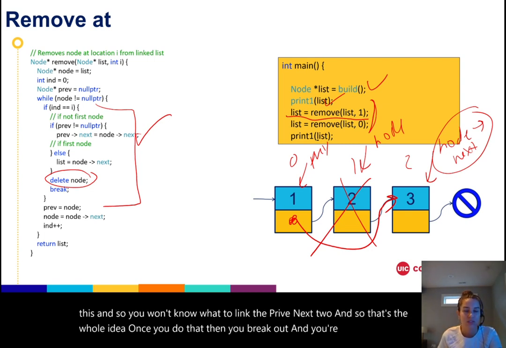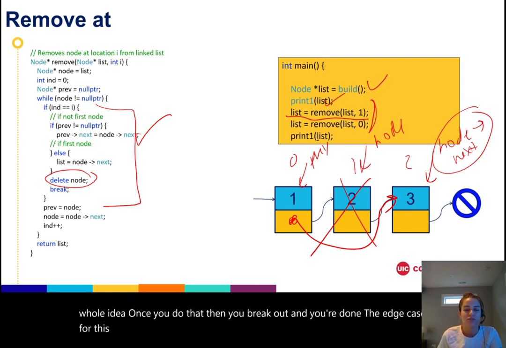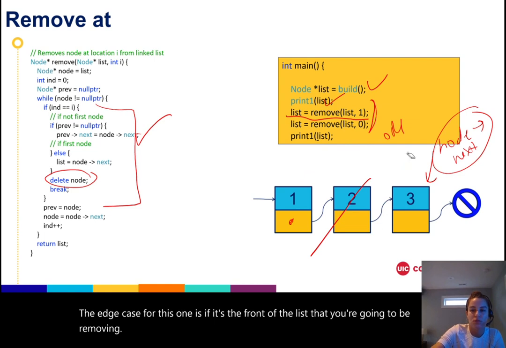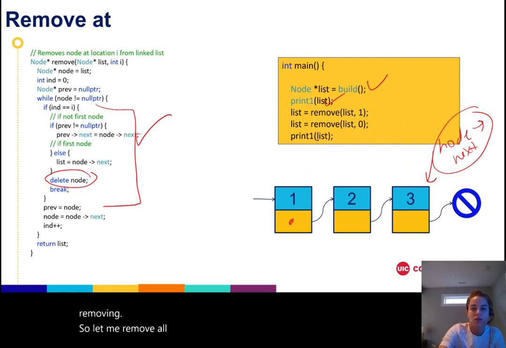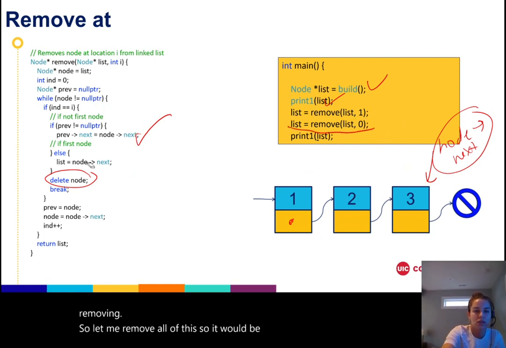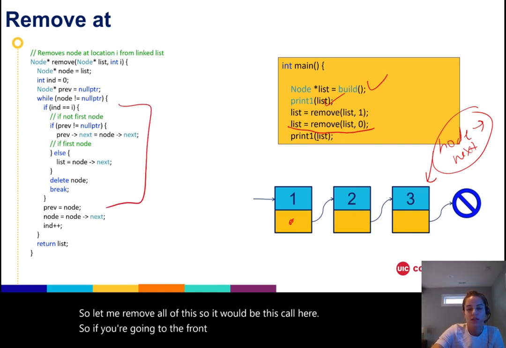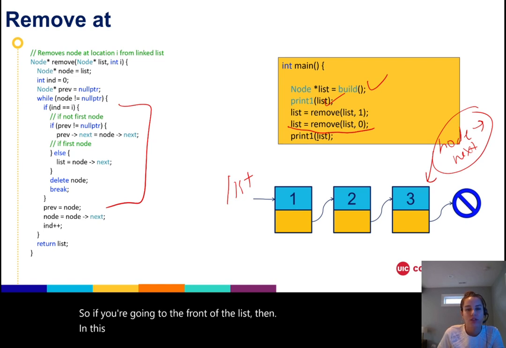The edge case for this one is if it's the front of the list that you're going to be removing. So let me remove all of this. So it would be this call here. So if you're going to do the front of the list, then in this case, you're going to find the first index.